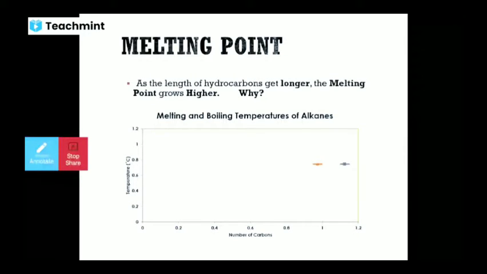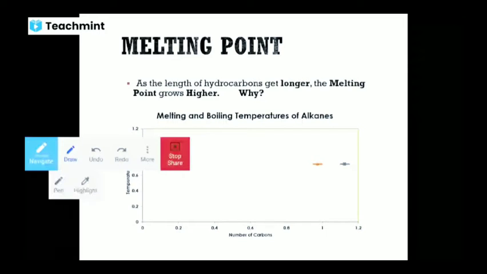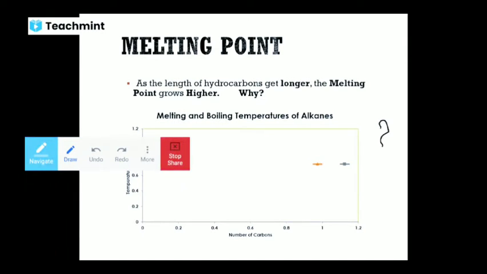As the length of the hydrocarbons gets longer, the melting point grows higher. This is due to, yes, this reason should be given by the viewer or audience of the class.